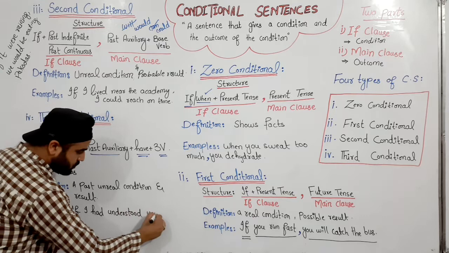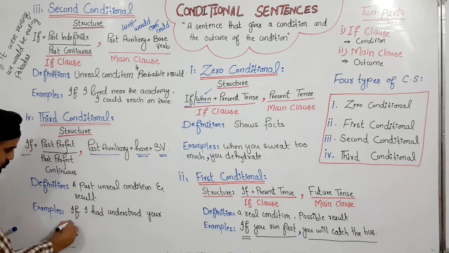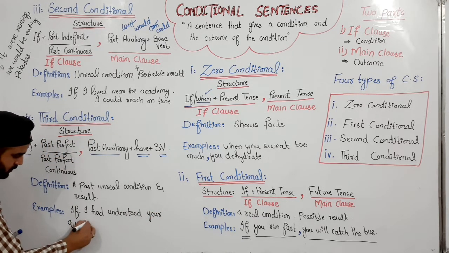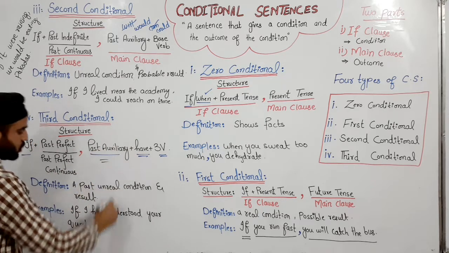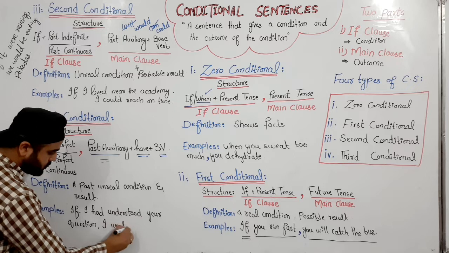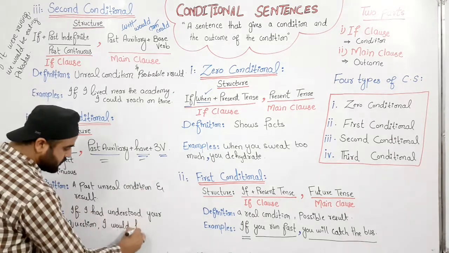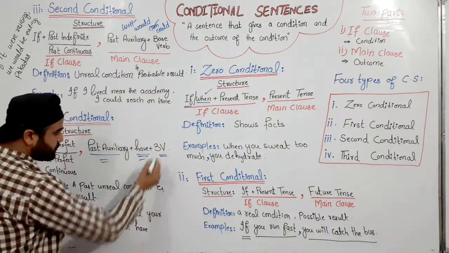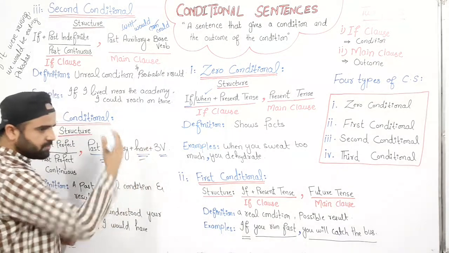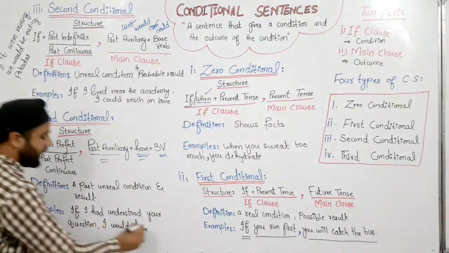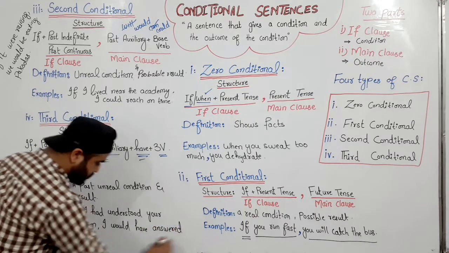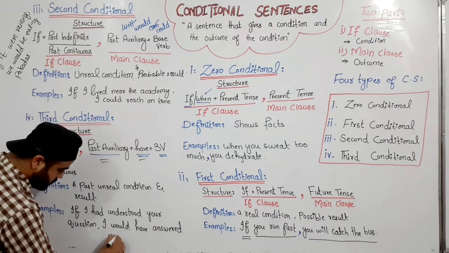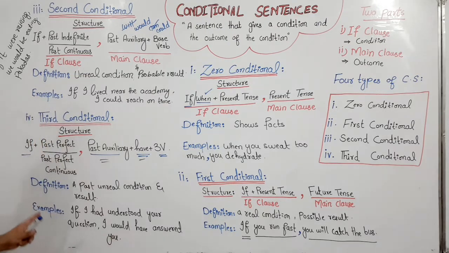If I had understood your question, I, and then past auxiliary, would, and then have, and then the third form of the verb, V3, the past participle form: I would have answered you. If I had understood your question, I would have answered you.